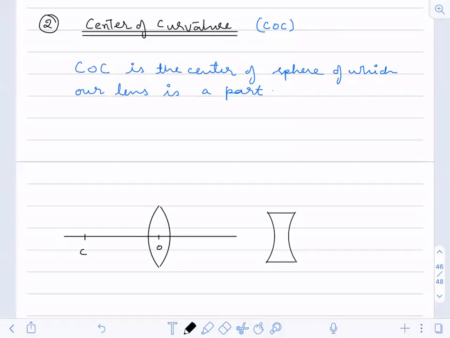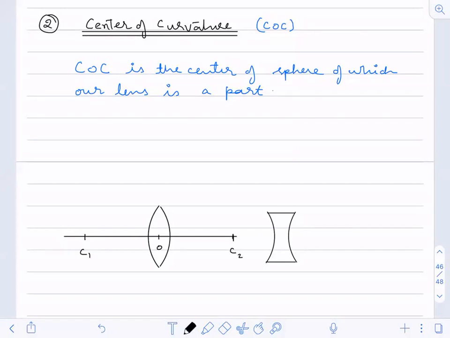We'll have two centers of curvature. So this one will be the second center of curvature. I can write them as 1 and 2 like this.